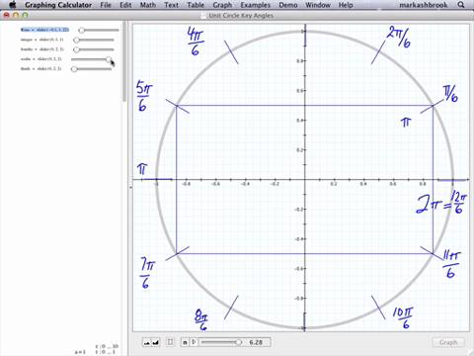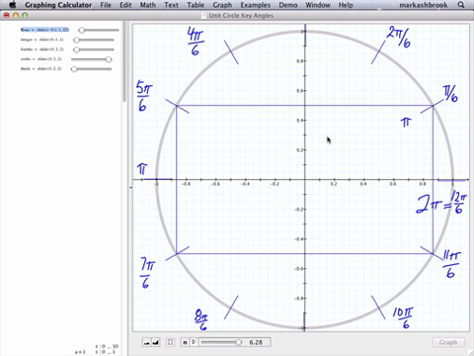Okay, so what would you estimate to be the sine of pi over 6? What do you think? Positive. You would look right here, right? For the sine, it looks like positive 0.5.